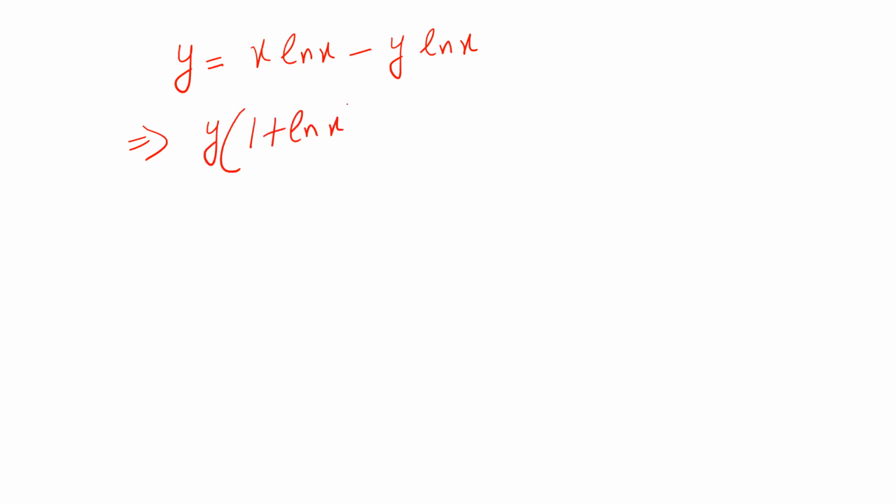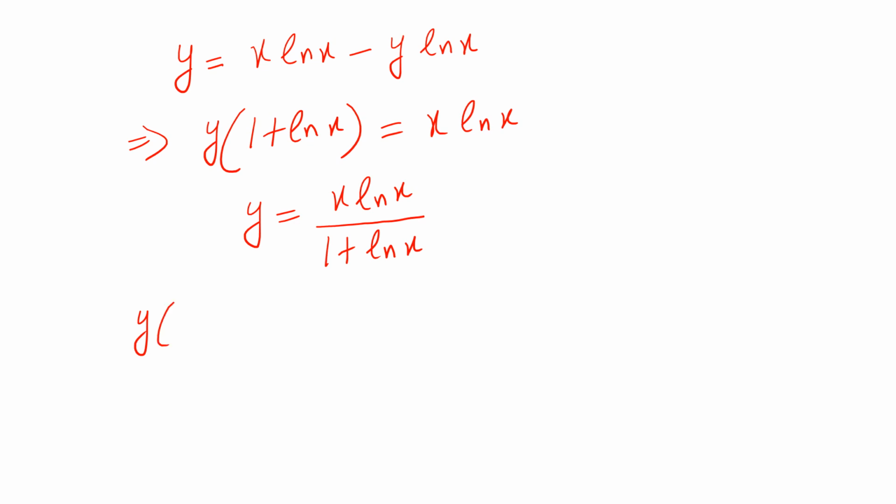Now students, we can further write this as y equal to x into ln x minus y into ln x, or this implies y into inside the bracket 1 plus ln x is equal to x into ln x. And from here we get y equal to x into ln x whole divided upon 1 plus ln x.